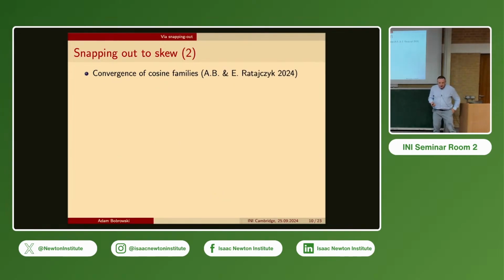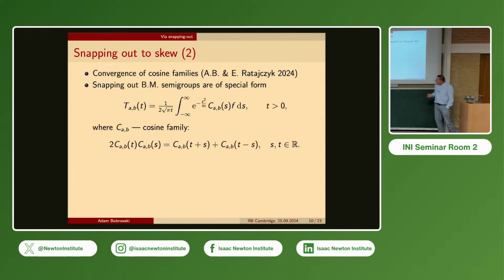What is new? Just a recent result from this year, actually 2 years ago or something, but to be published soon. It turns out that these snapping out Brownian motions are of very special form. I know you are more probabilists than in functional analysis, but for semigroupies, and I am a semigroupie, this is something quite natural.